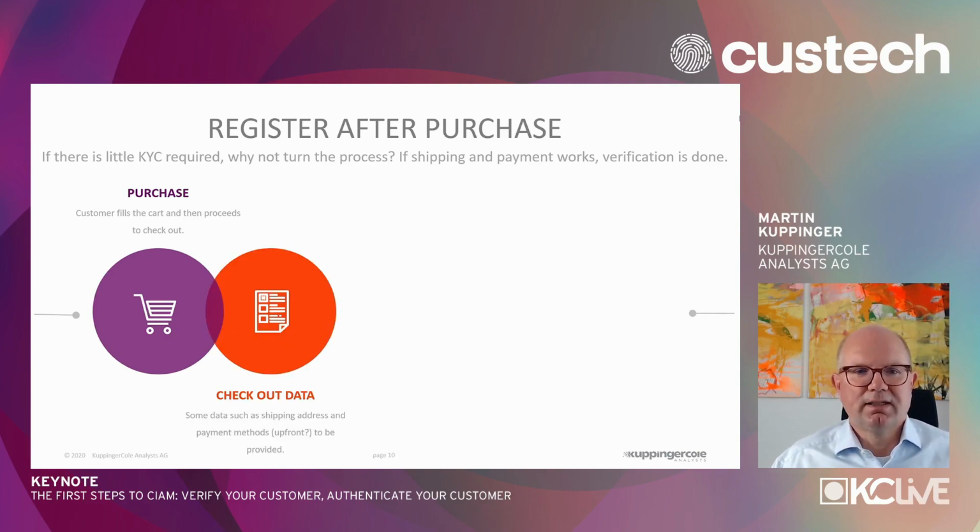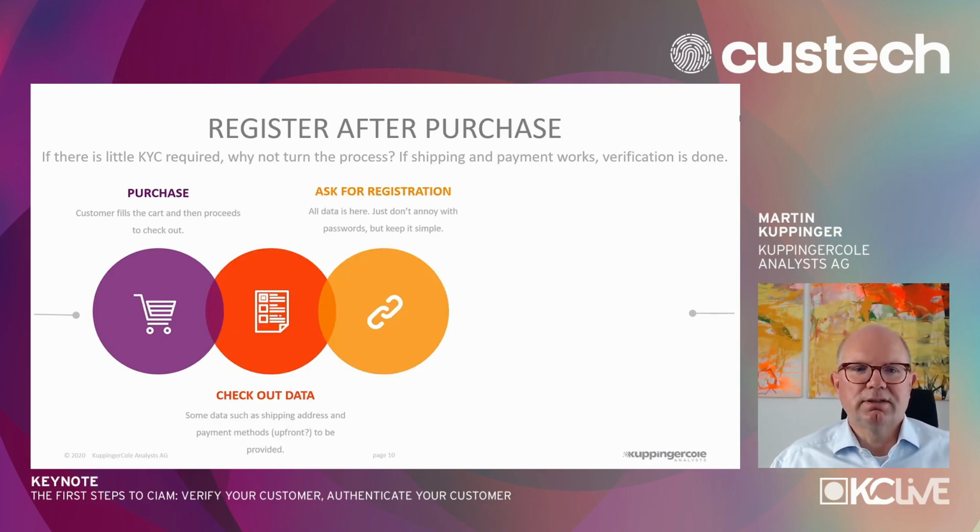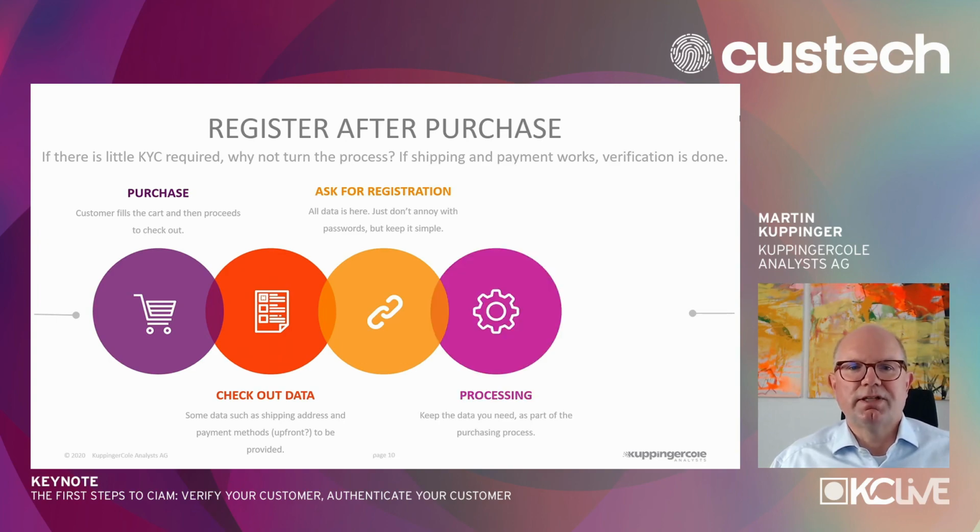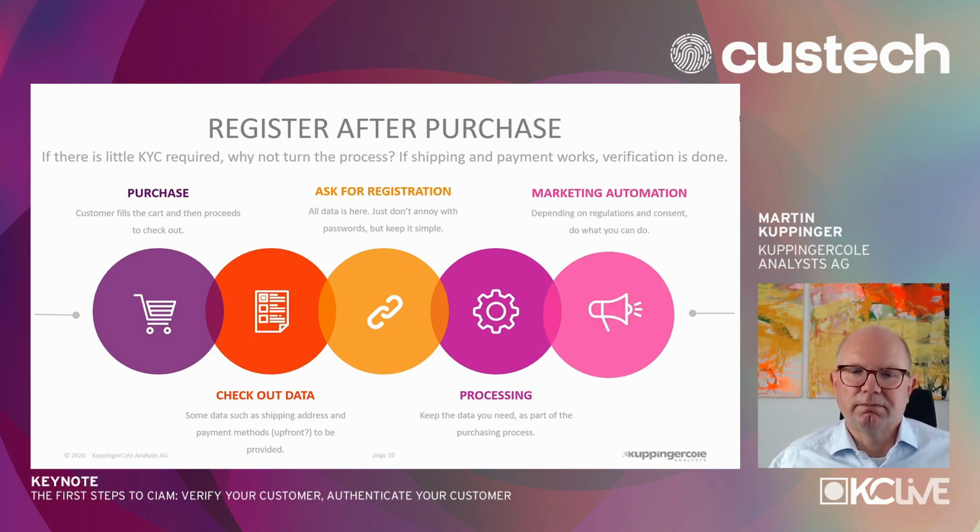That's what I already said. We check out, we pay, and then we say, okay, maybe you can directly register, because if you want to come back, it will make your life easier. And if that is easy and not again a complex step, and sometimes creating that account is really too cumbersome, if you really simplify that part, then things become easier. And then again, processing, marketing, automation is not affected.